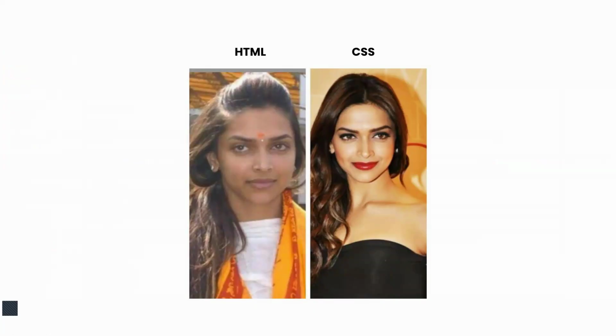So who is this? She is said to be the most beautiful girl in India and the world. People are telling like that, I don't know. She is Deepika Padukone. In the first image, you can see she is without makeup. But in the second one, she is with makeup.